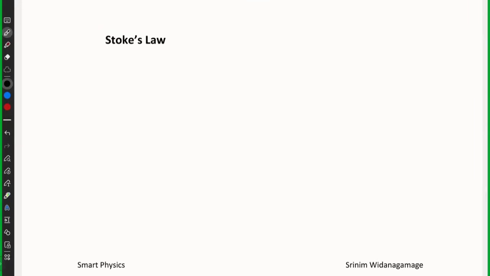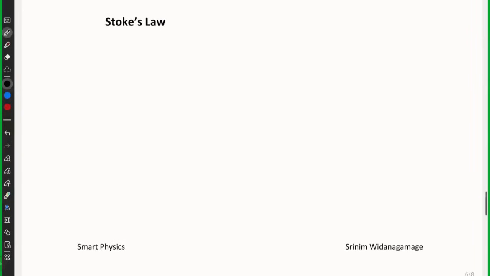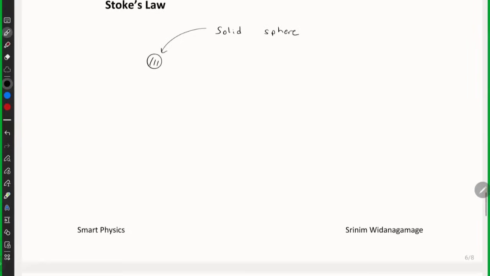Stokes' law. Actually, let's start with that. Now, when you consider a particular sphere, let's say a solid sphere, suppose I'm going to release it at a point.